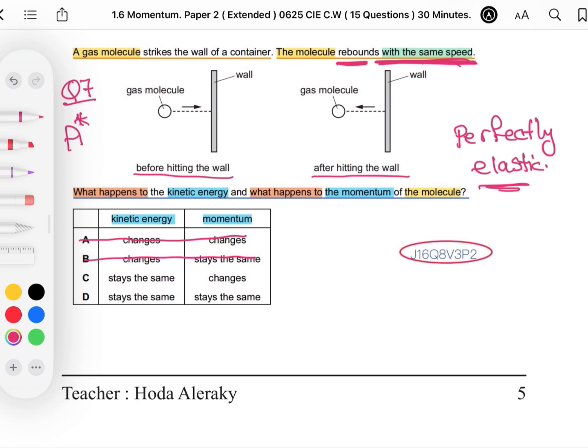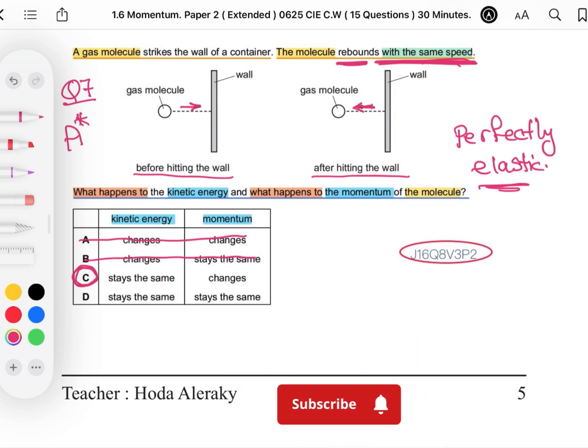What about momentum? Here we have a change in direction. Since momentum is a vector quantity, we consider that the momentum after collision is changed. So the answer is C. Since momentum is a vector quantity, the direction is changed, so the momentum is changed.